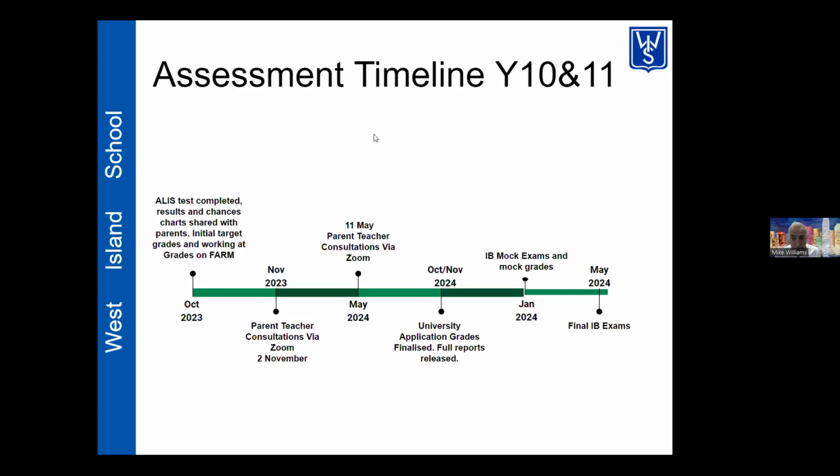So I'll talk a little bit about those. And then very important dates: mock exams in January 25. Sorry, I should have edited that, and it should be May 25 for the final IB exams.